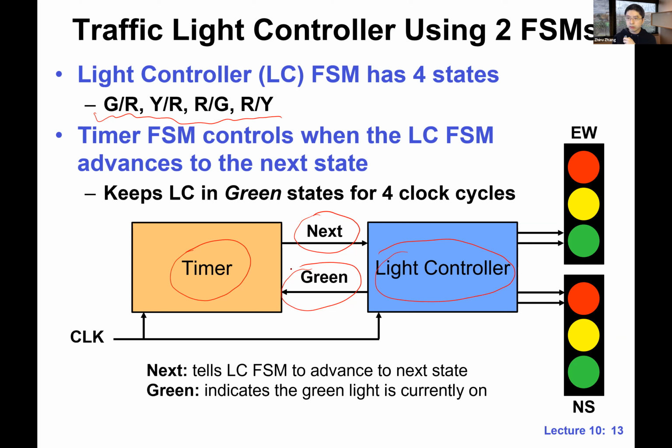There's a question: why is it 4 states, not 5? Does the number of states change if you think about it as Mealy or Moore? Good question, Alma. Yes, the number of states may change depending on whether we are doing Mealy or Moore. In this case, we are doing Moore. Hopefully you agree that we need at least 4 states, but it turns out this is sufficient.